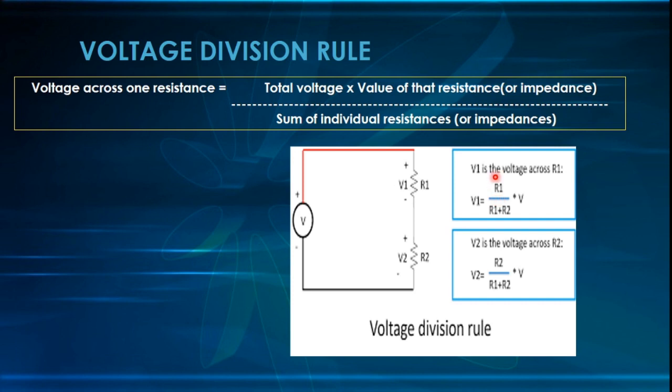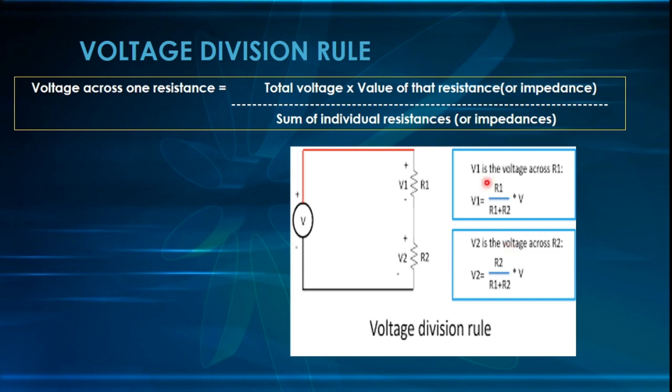It is R1, divided by the sum of the resistances, R1 plus R2. Similarly, if I measure the voltage across resistance R2, then V2 will be equal to the total voltage V times R2 divided by the sum of all the resistors in the circuit, R1 plus R2. I hope you're clear with what we have written.